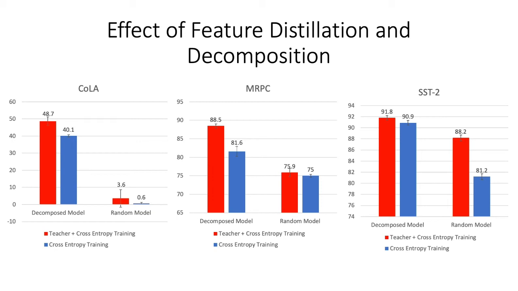We can see that decomposed models significantly outperform randomly initialized models, whether we use a teacher for training or not. We can also see that models trained with a teacher significantly outperform models trained without a teacher. Additionally, the best results are when using both initialization with the decomposition and using a teacher for training. So we can learn from this that both things complement each other.